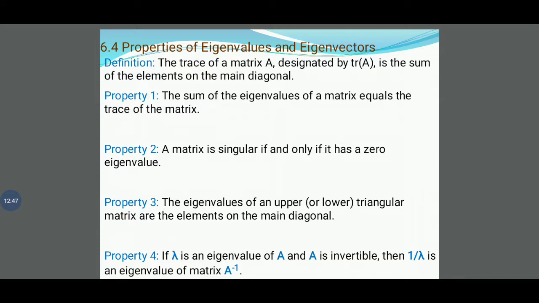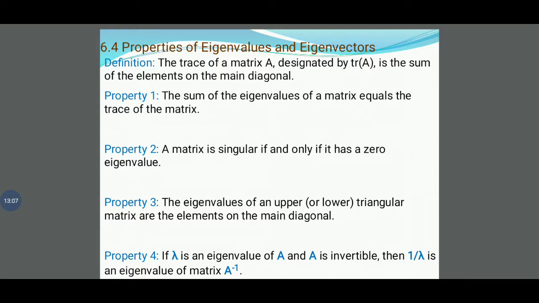Now we will see the properties of eigenvalues one by one. The first property is that the sum of the eigenvalues of a matrix is equal to the trace of the matrix.